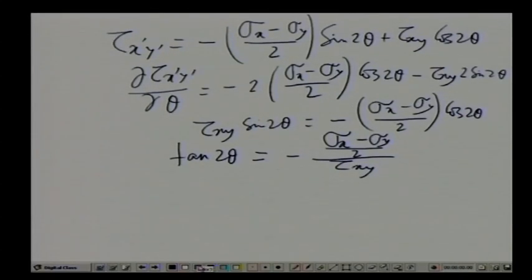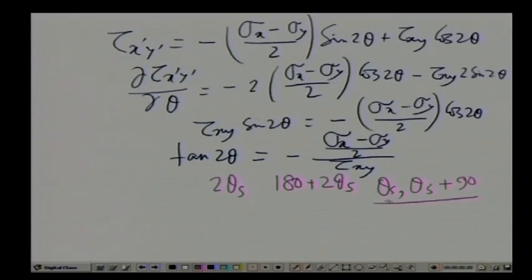Now, here also, as we have noticed earlier, there will be two values of theta defining the two perpendicular planes on which the shear stresses will be maximum, and those angles being twice theta s and 180 degree plus twice theta s. So, in the stressed body it will be theta s and theta s plus 90. These are the two perpendicular planes on which the shear stress will be maximum.